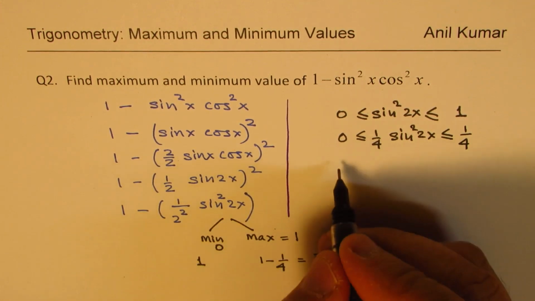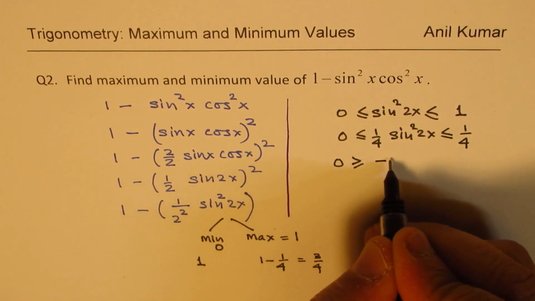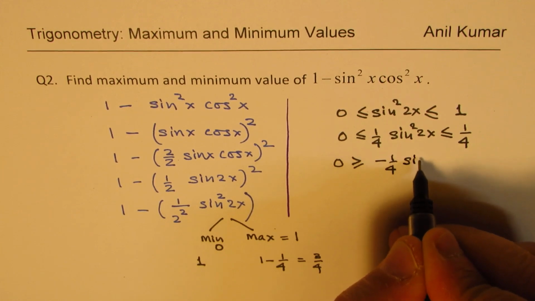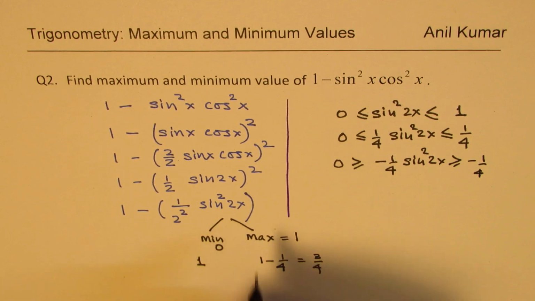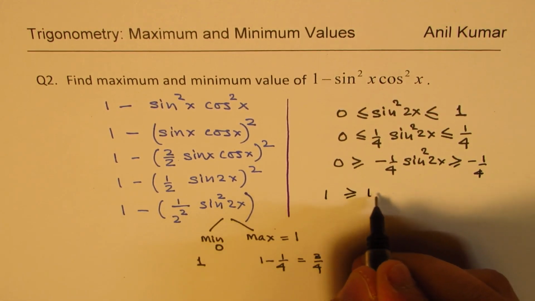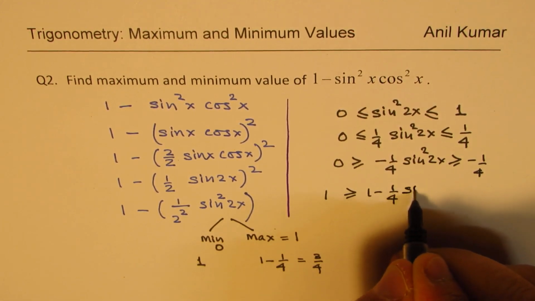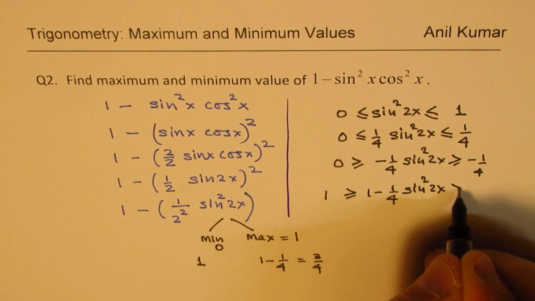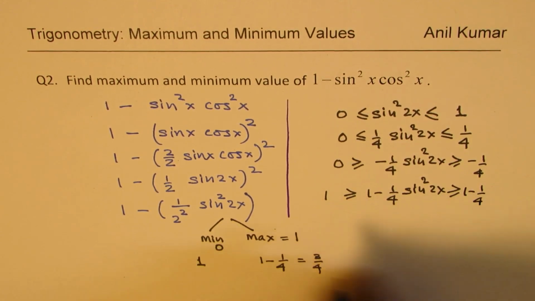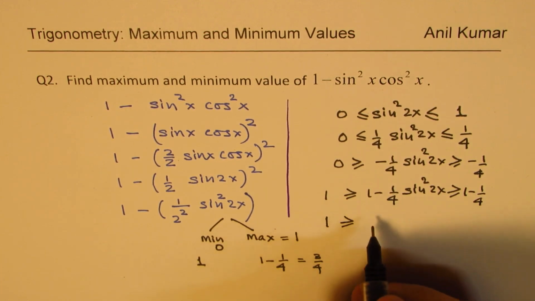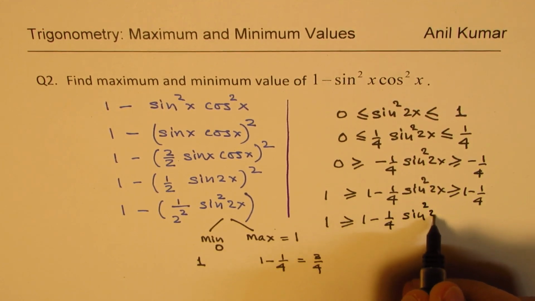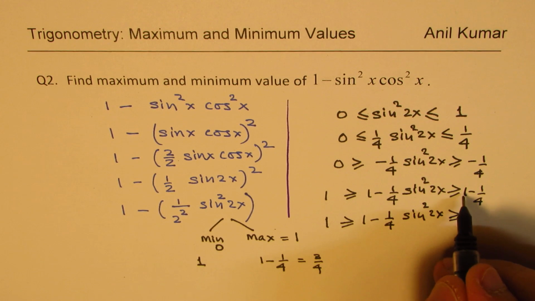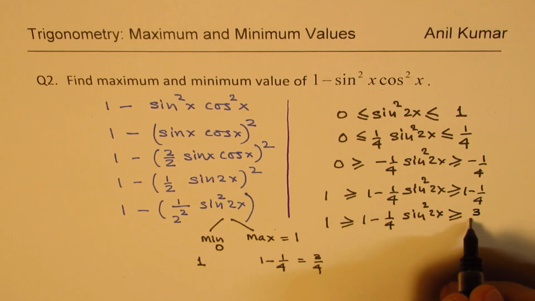Now if I do negative of this, the sign changes, so we get negative 1 over 4 sine square 2x, negative 1 over 4. Adding 1, we get 1 minus 1 over 4 sine square 2x greater than or equal to 1 minus 1 over 4. Or we get the limit between 1 and, let me complete this, 4 minus 1 is 3 over 4, correct?